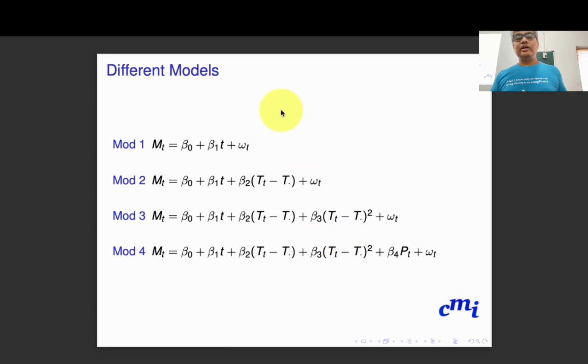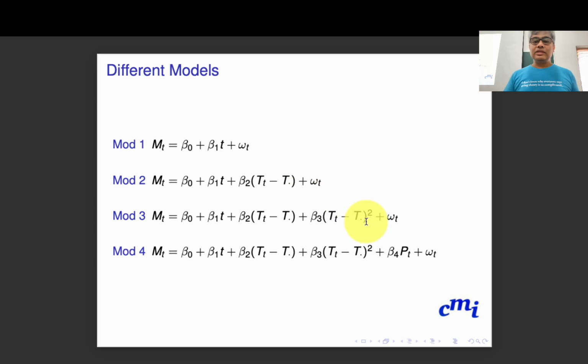First, obviously the bare bone minimum model is mortality as a function of trend, because we have seen there is a possible declining trend. And then you want to put up a differencing effect on the trend.